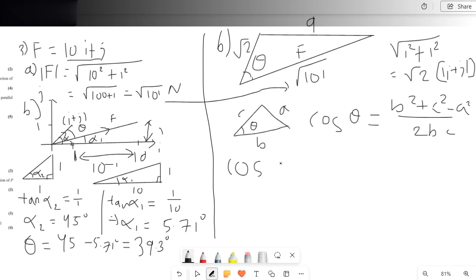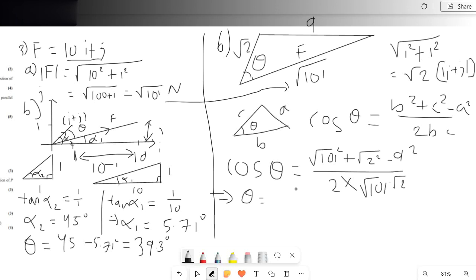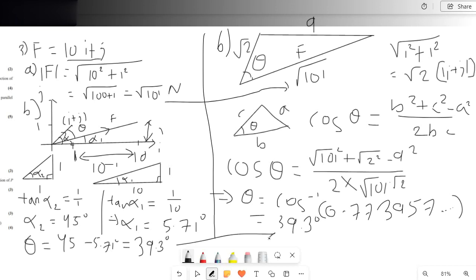Using the same formula, cos theta is equal to root 101 squared plus root 2 squared minus 9 squared, divided by 2 into root 101 into root 2. And so theta should be cos inverse of this, which is approximately 0.773957 and so on. So the value is 39.3 degrees, which is the same as previously.